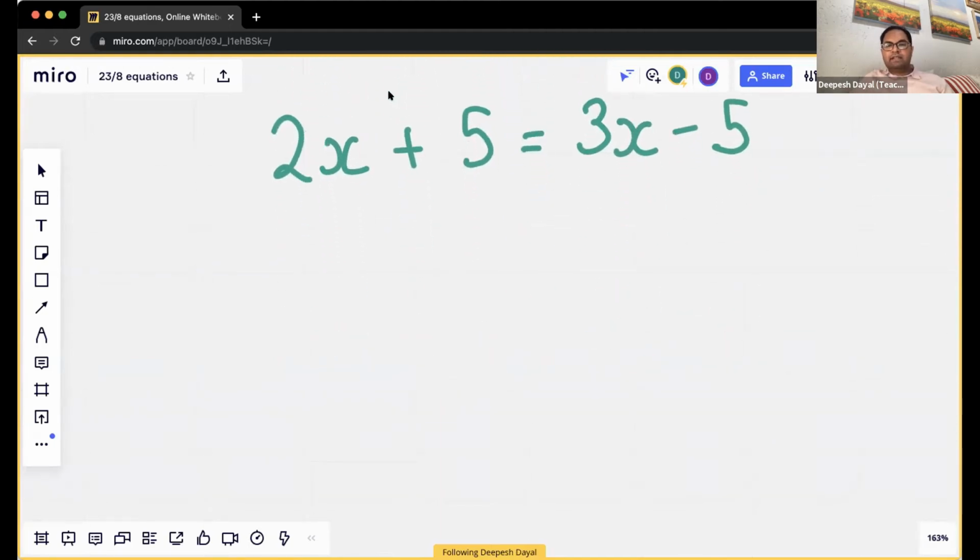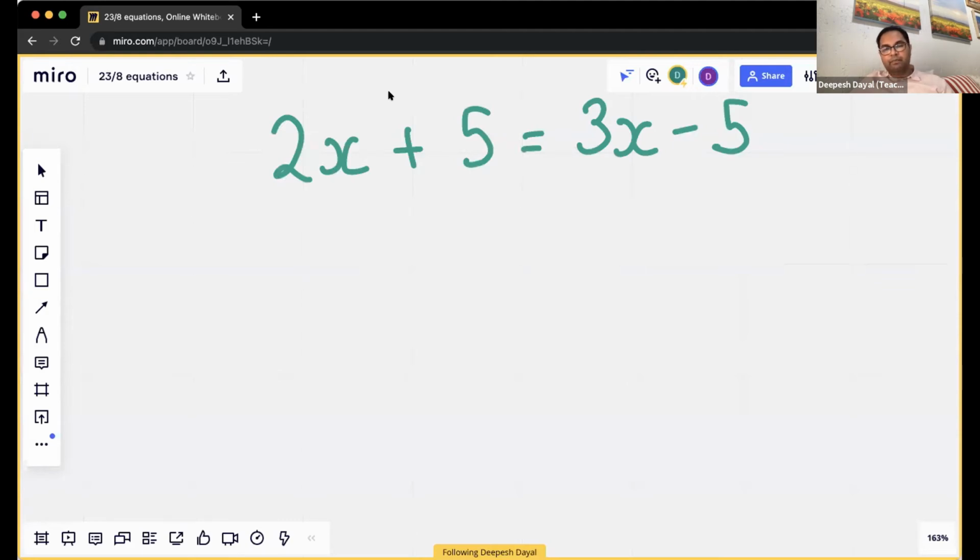So I want to put the x's on the one side and the numbers on the other side. Usually it's very nice to take it to the side where the x is the biggest. So which side should we take the x to? Should I take the 2x over, or should I take the 3x over?